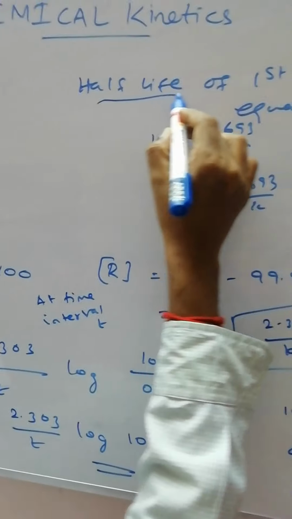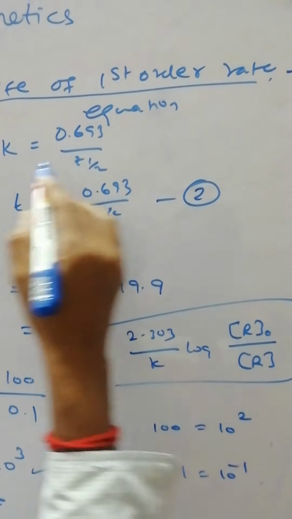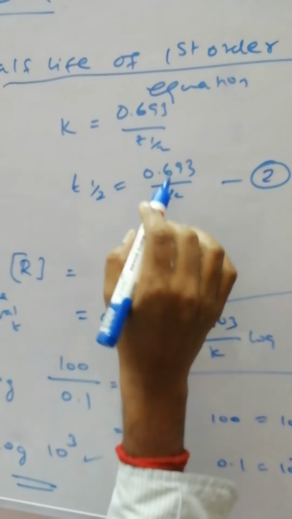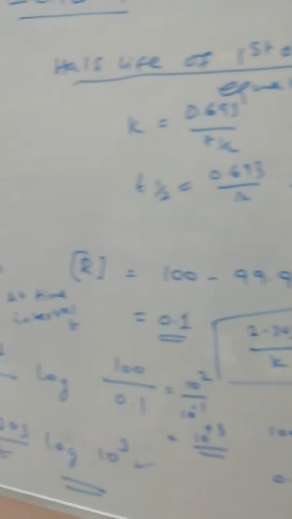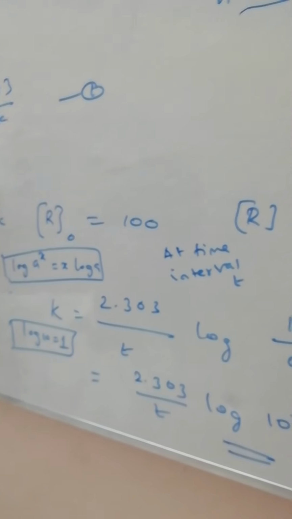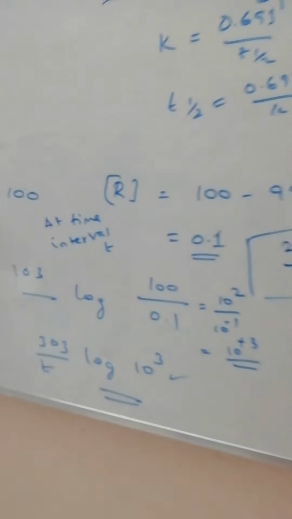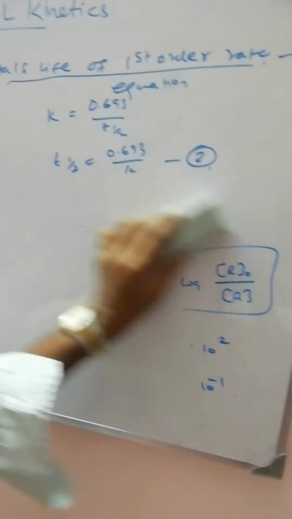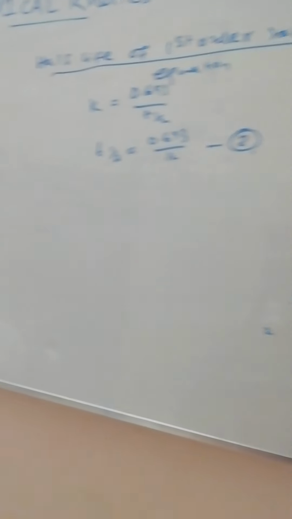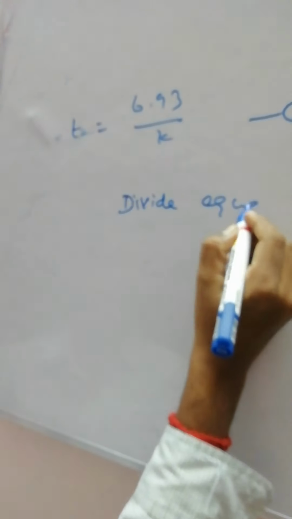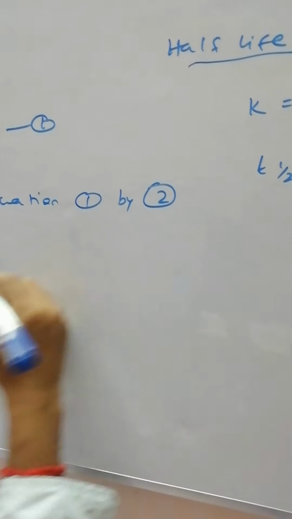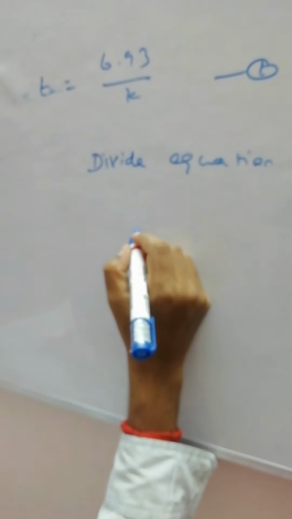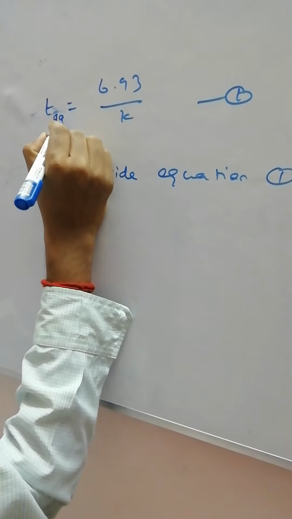Half life: we know that for the half life period of the first order rate equation, K is equal to 0.693 by T half, so T half is equal to 0.693 by K. Now we have to solve the problem. Divide equation 1 by 2. This is nothing but T99.9.